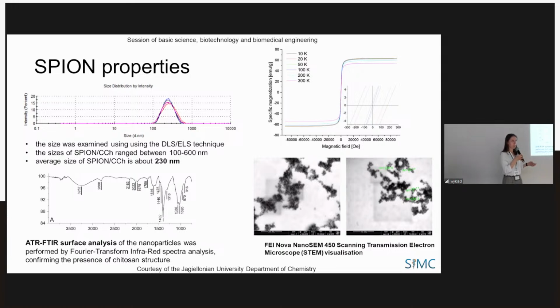They examined their size, and whether they are in fact coated with chitosan. As you can see, they determined that the average size was about 230 nanometers. And they analyzed the surface and the magnetic properties.